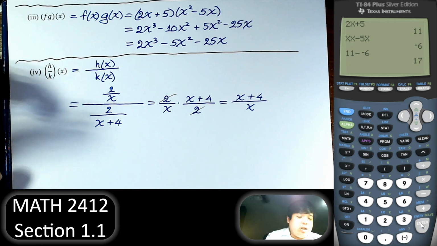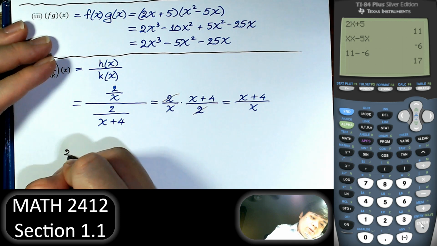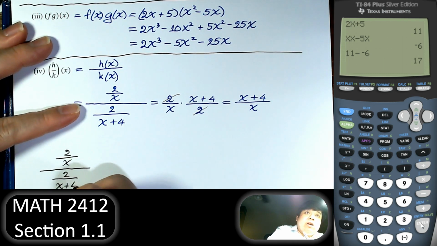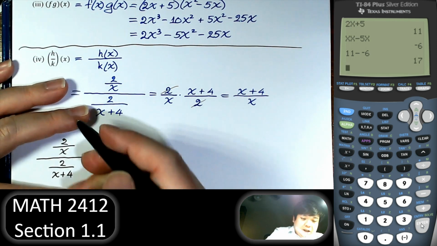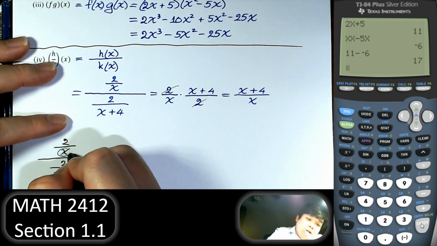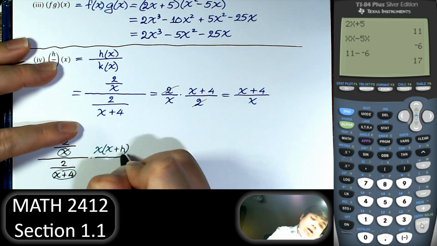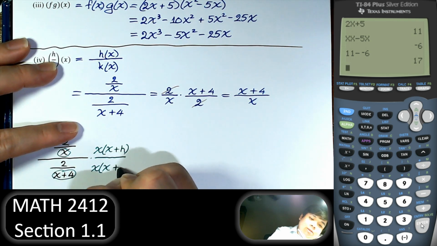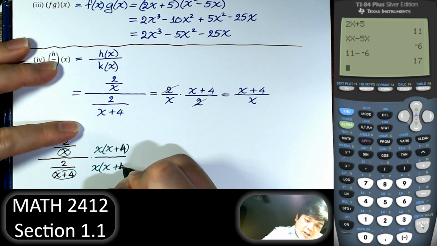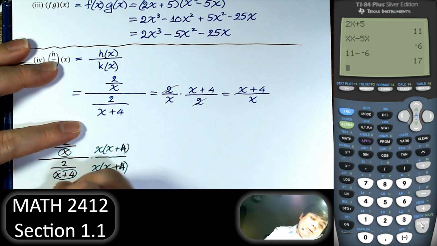Right, so that is one way to do it. The other way to simplify it is where we have 2 over x over 2 over x plus 4. Right, if we want to simplify a fraction, we can multiply by the common denominator. In this case, the denominator will have x and x plus 4. So we multiply by x times x plus 4, top and bottom. Right here, the x plus 4 cancel out.